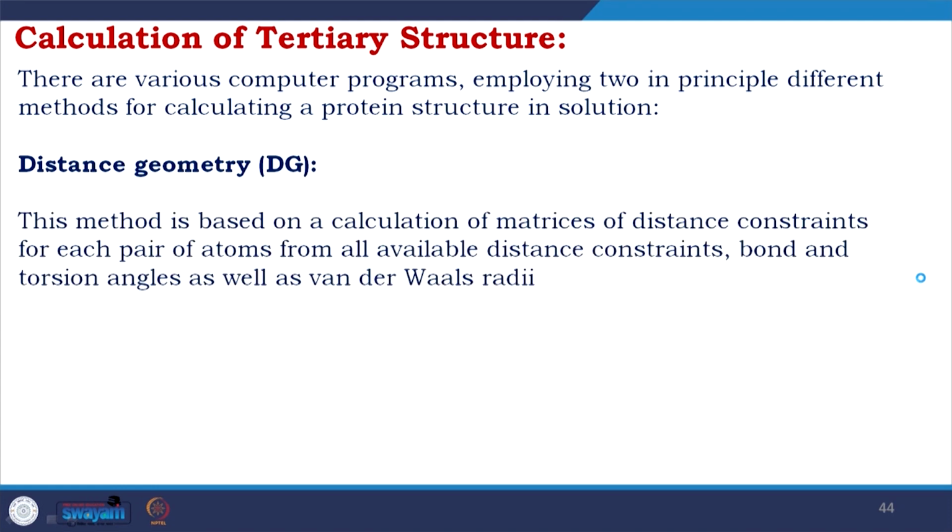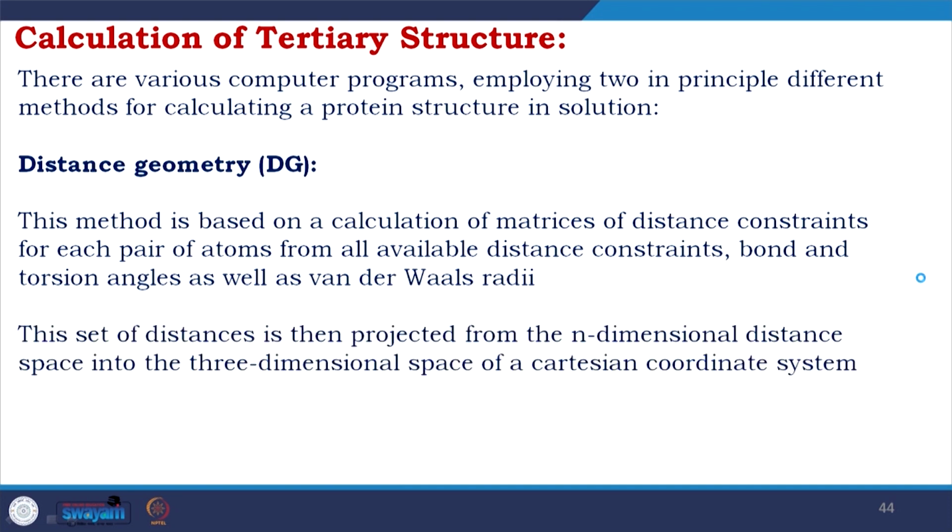This method is based on a calculation of matrices of distance constraints for each pair of atoms from all available distance constraints, bond and torsion angles, as well as van der Waals radii. This set of distances is then projected from the n-dimensional distance space into the 3-dimensional space of a Cartesian coordinate system. So, when you take them, they go for infinite possibilities. So, you have an n-dimensional space and now you restrict that to the 3-dimensional space, that is the goal.